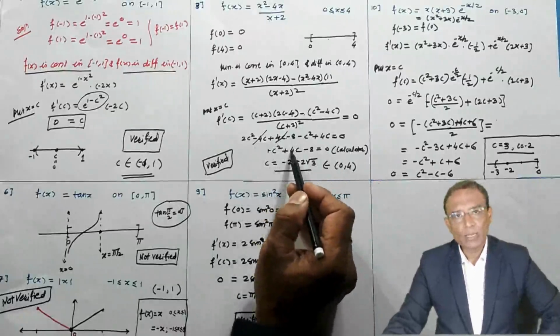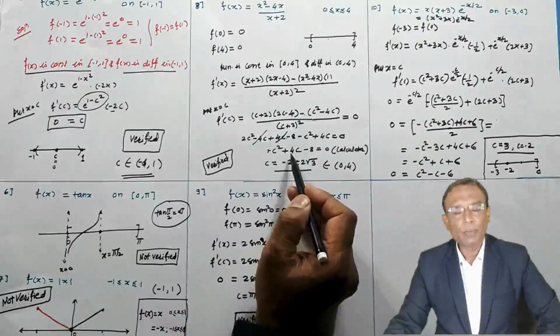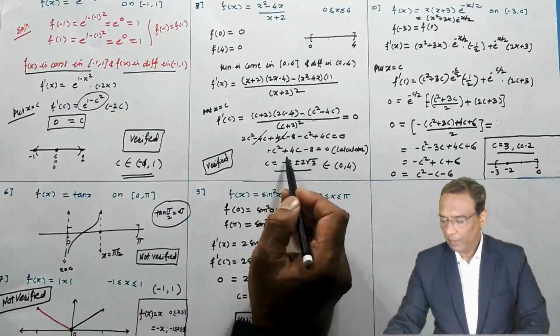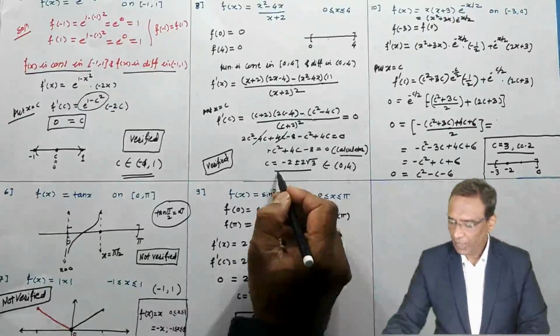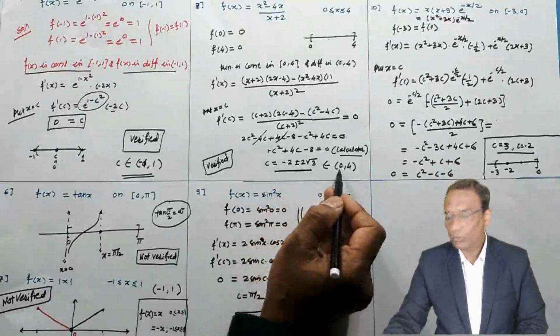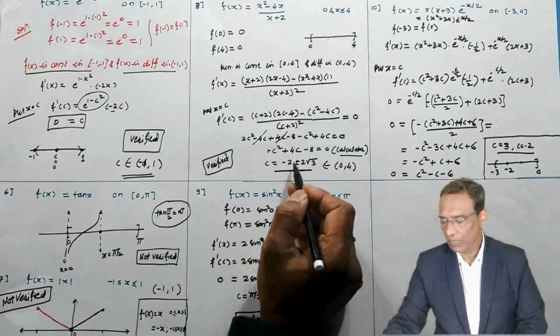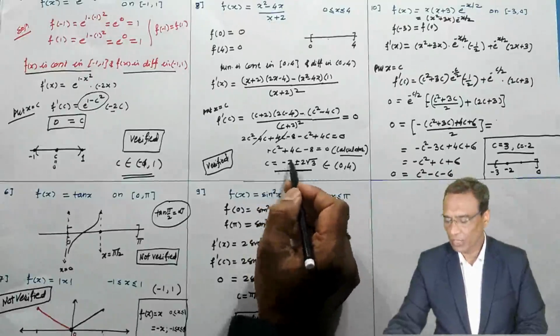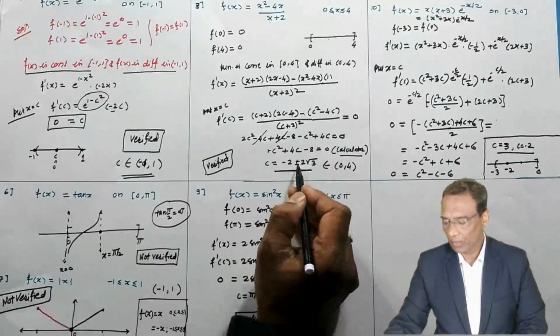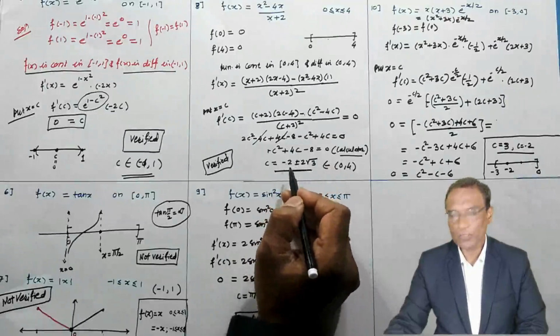You can use a calculator directly. You will be getting the value of c in decimal points. It is okay, no problem. I recommend you use a calculator, and you will be getting this value of c. And this value of c belongs to the open interval 0 to 4. These are 2 points, not a single point. For plus, you will be getting one value of c, and for minus, you will be getting a second value.